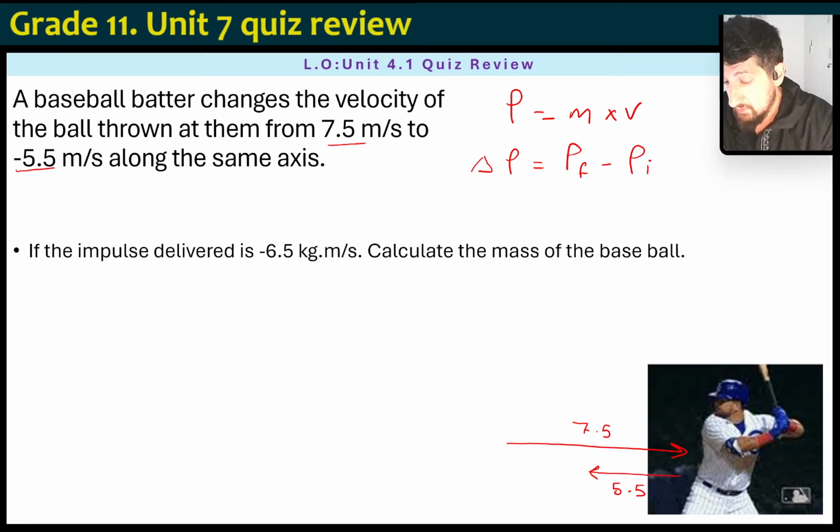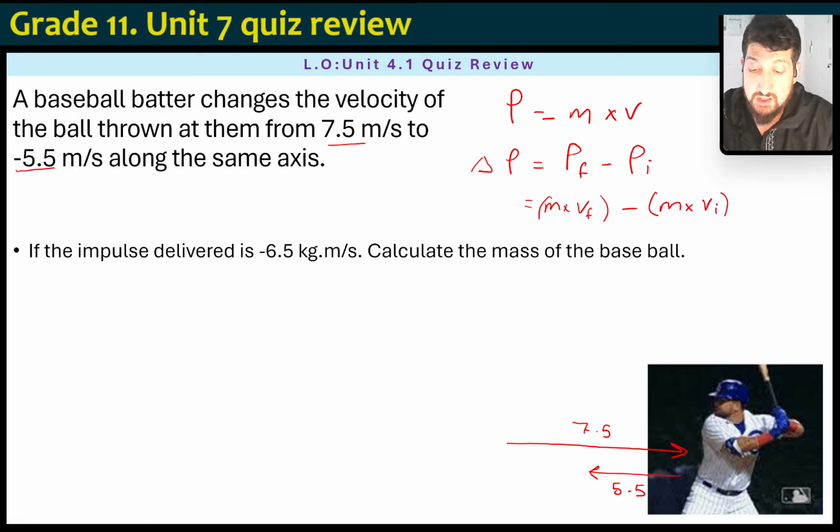We have change in momentum equal to P final minus P initial, or the final momentum minus the initial momentum. But we also know that P final equals m times velocity final, that's what the final momentum equals, minus mass times velocity initial.